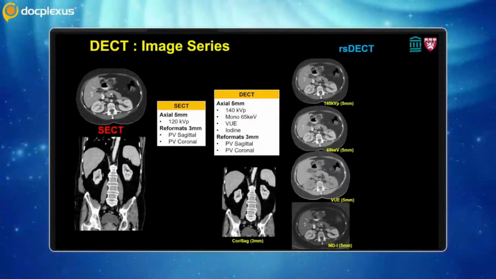You get mono energetic images, which allow better visualization of hyper and hypovascular lesions, and a set of virtual unenhanced and iodine images, which allow better tissue characterization. Now, these virtual unenhanced images are a surrogate for the true non-contrast CT images, which would typically require a separate acquisition with single energy CT.